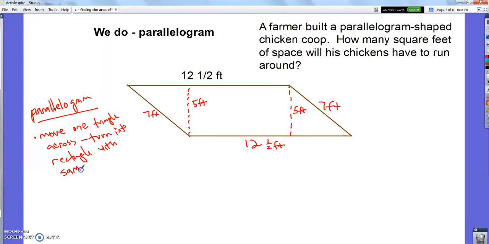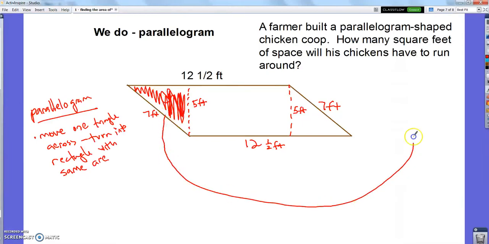I don't have to do any dividing on this one. So what you want to imagine doing is taking this triangle right here and moving it over here, because it'll fit perfectly here. And then if you do that, you have a rectangle.